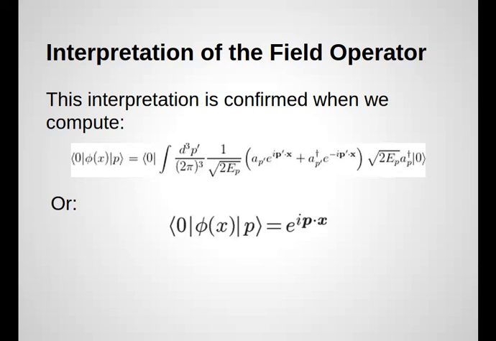That's going to give you a delta function, which will allow you to do the integration. And sure enough, when I get done and the smoke clears and everything cancels, I end up with a plane wave, okay? So we have the correct interpretation. This field operator is creating a particle at position x, and when we overlap that state with a momentum state, we get a plane wave, right? Which is what you get in non-relativistic quantum mechanics, right?